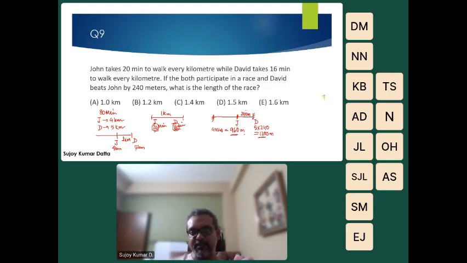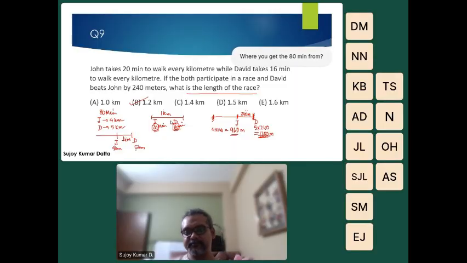See the difference: 960 and 1200, the difference is 240. The question asks, what is the length of the race? Who decides the length of the race? Whoever finishes first has run the entire length of the race, right? D finished. So D ran how much? 1200 meters. So that's the length of the race. 1200 meters is 1.2 kilometers. So the answer is B.